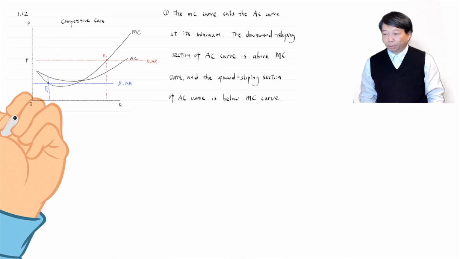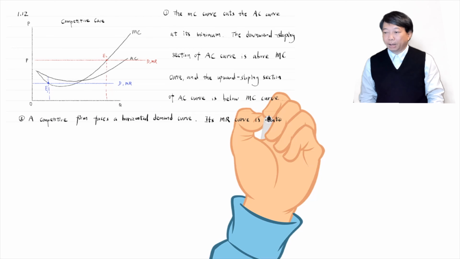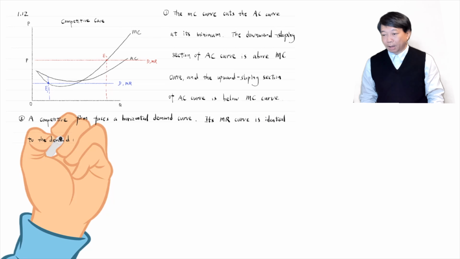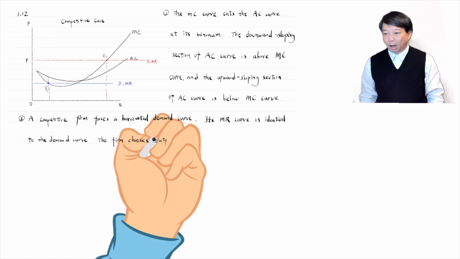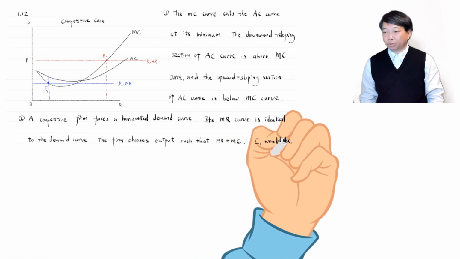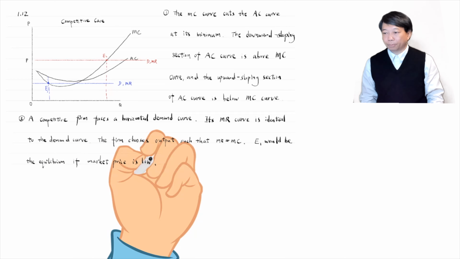Second, we know that a competitive firm faces a horizontal demand curve. Its marginal revenue curve is identical to the demand curve. The firm chooses an output such that the marginal revenue equals the marginal cost at that quantity.